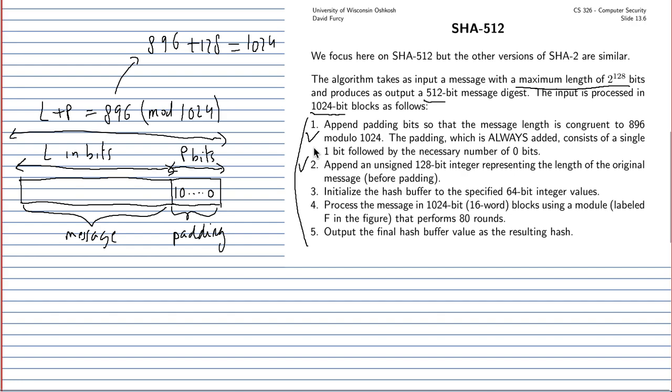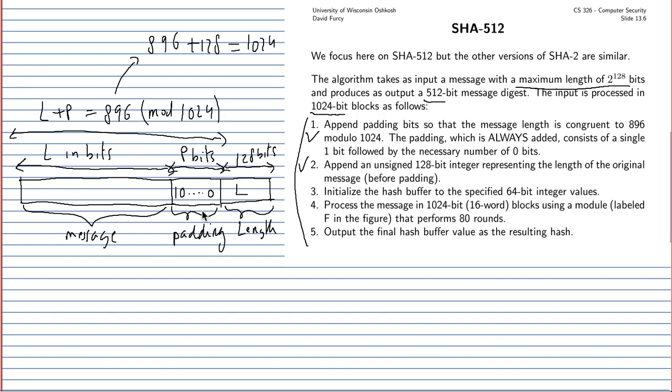Step number 2 is to add yet another field at the end, the length field. It will contain exactly 128 bits, and this is the reason why we subtracted 128 from 1024, because we wanted to leave some space for this field. This field contains the binary representation of the value L. It's called the length field because it encodes in binary the length of the original message before we added the padding.